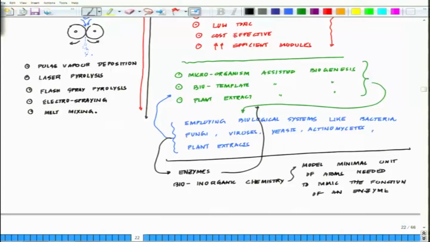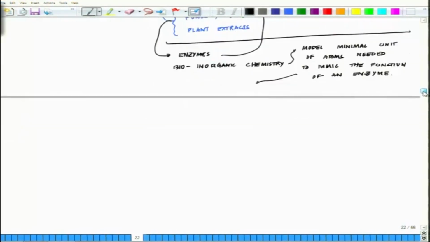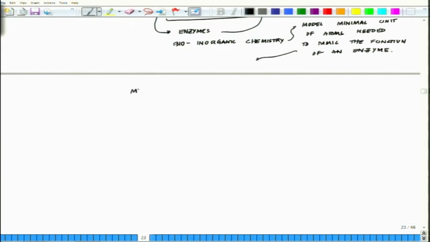There is a tremendous amount of work which has gone into synthesizing such, or say for example modeling nitrogenase, modeling, these are just some of the examples I'm giving, modeling water splitting clusters, which mostly consist of a manganese cluster essentially.